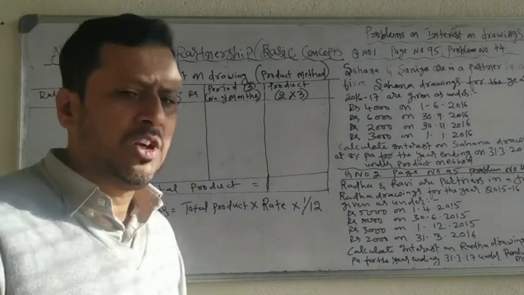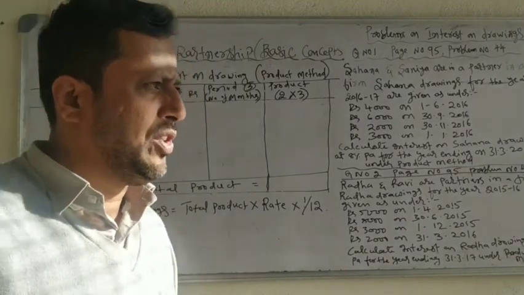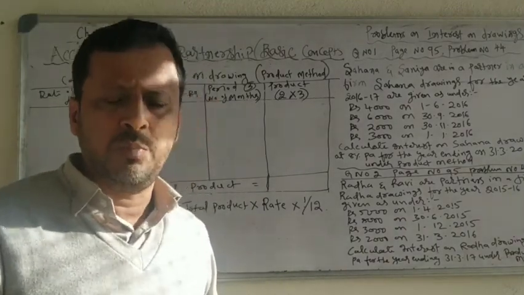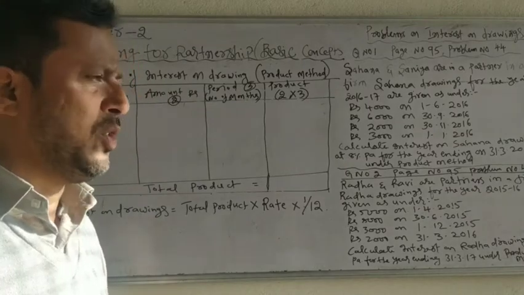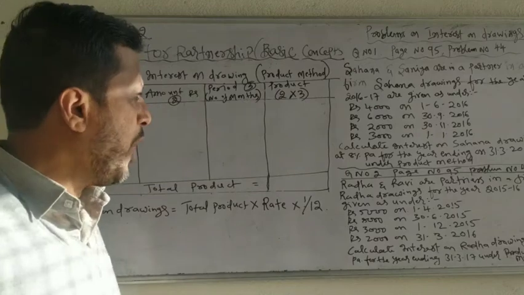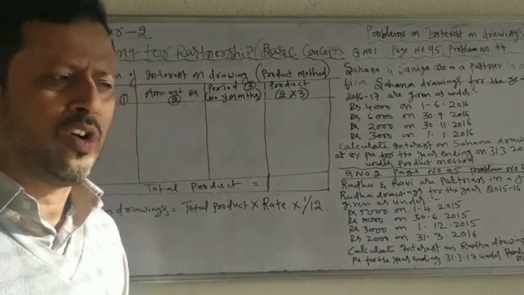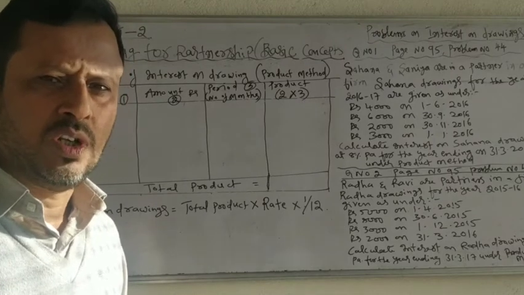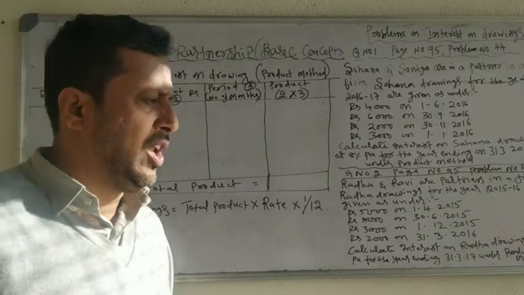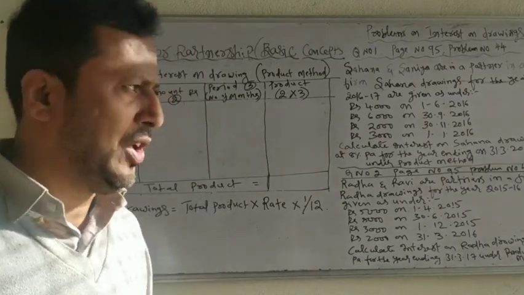Here you have different methods of calculation of interest on drawings. One method is the average period method. The second method is the product method. Today we will solve some problems on the product method and learn how to calculate interest on drawings under it.